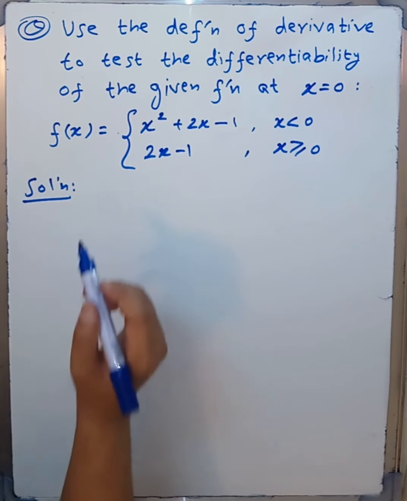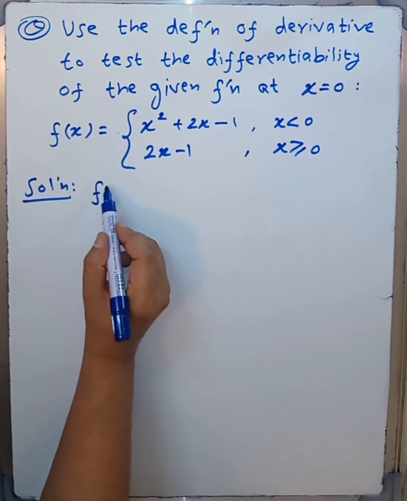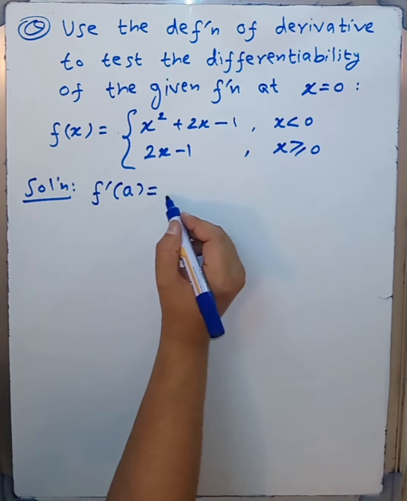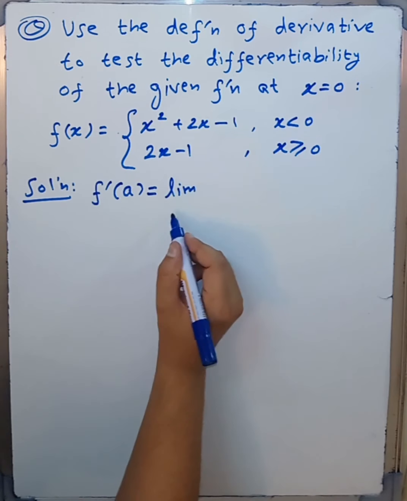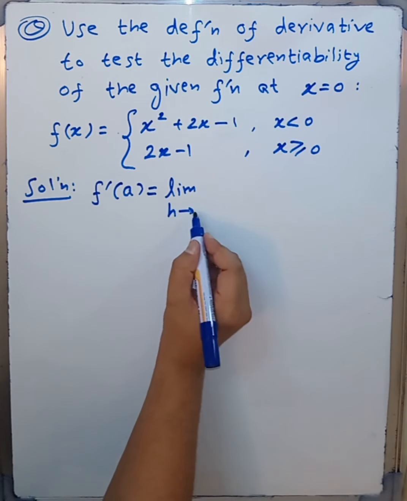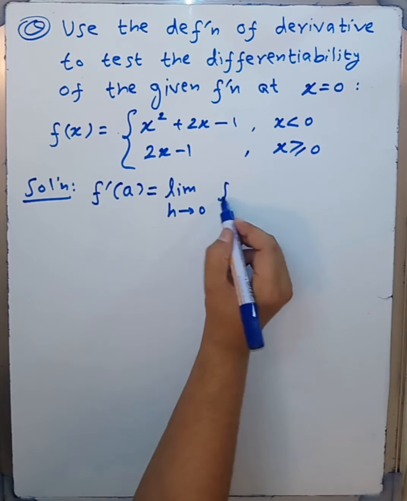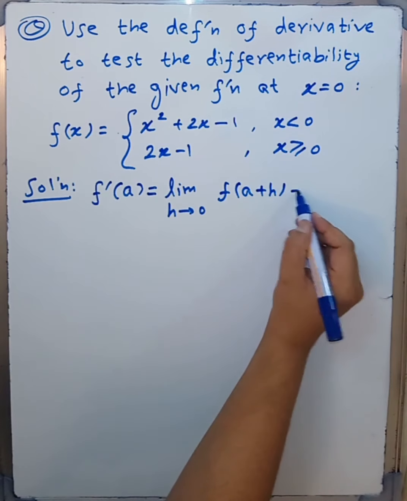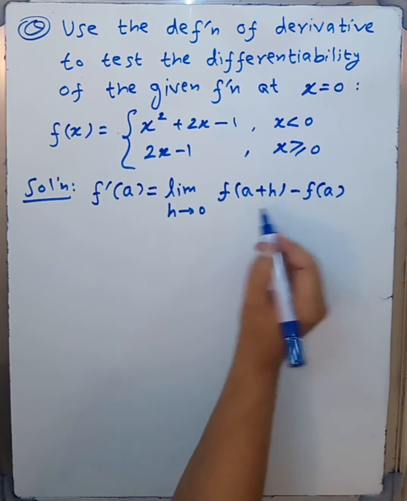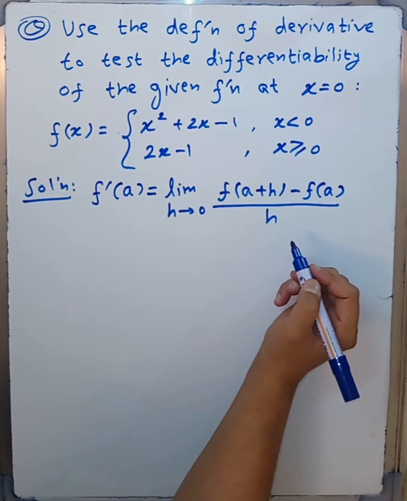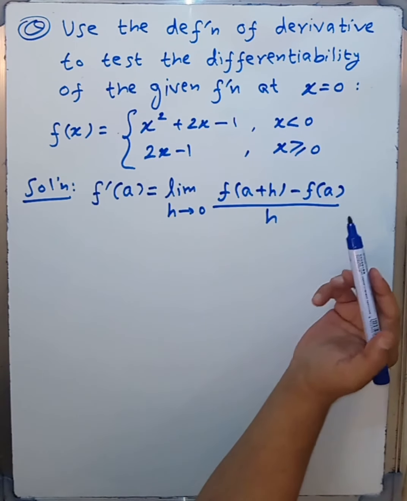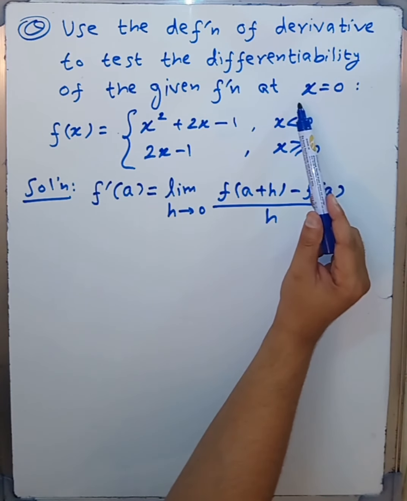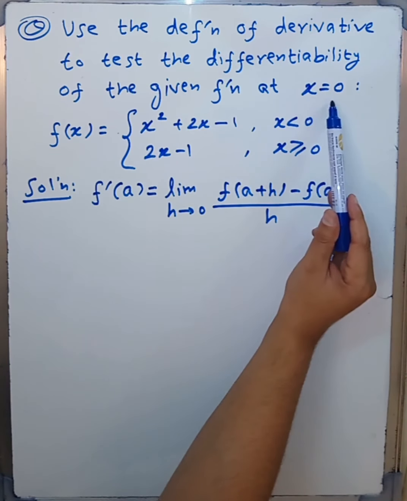We have already discussed that f prime a is equal to limit h tending to 0, f(a plus h) minus f(a) divided by h. In this question, the point at which we are testing is x equal to 0.